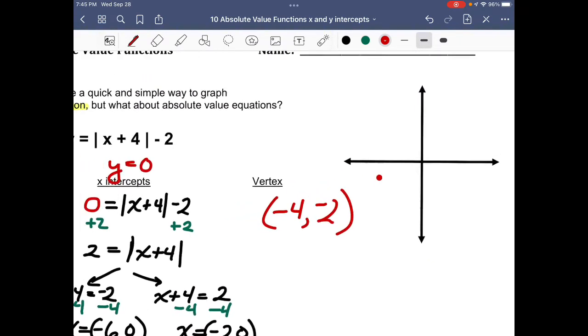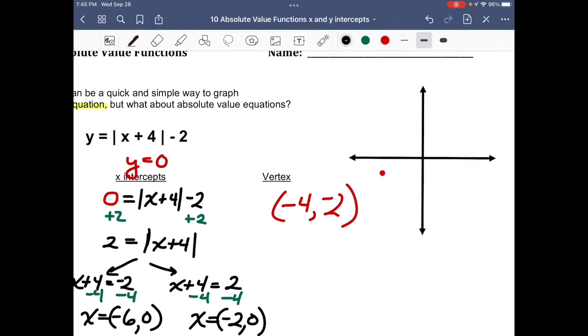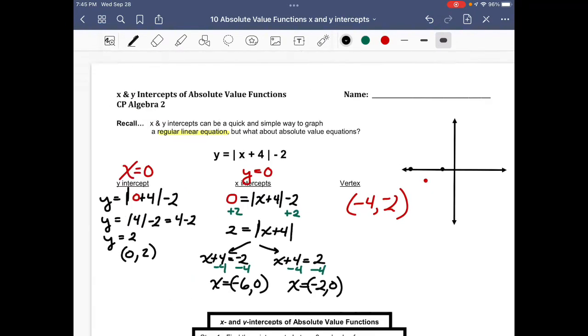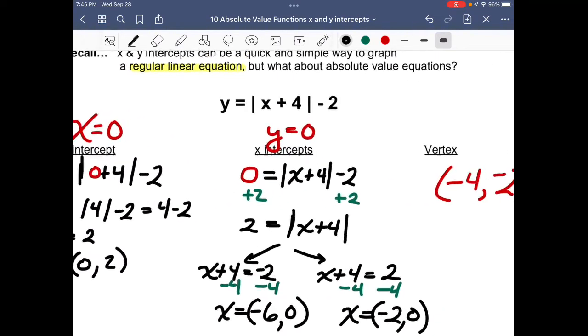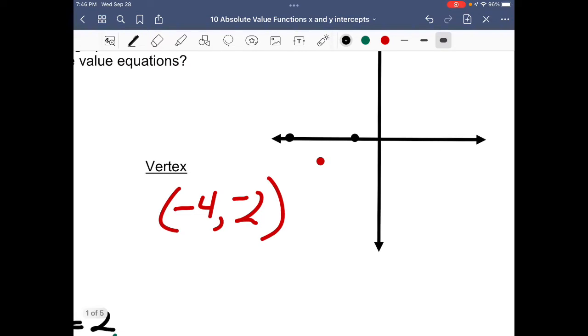You can put a little dot there at (-4, -2). But how about these x-intercepts at negative 6 and over here at negative 2? Those would be good numbers to get on the graph. And then what was the y-intercept? Oh, it was up at 2. So that's going to be right there.